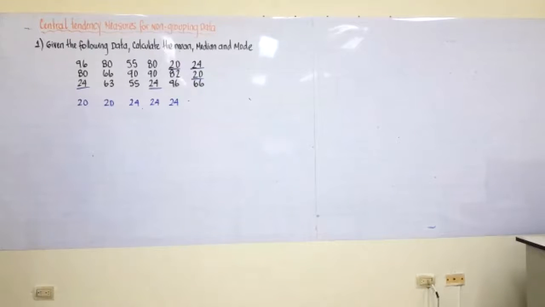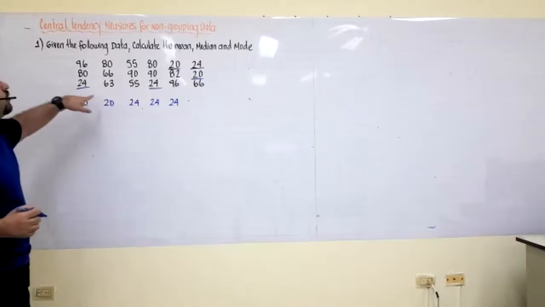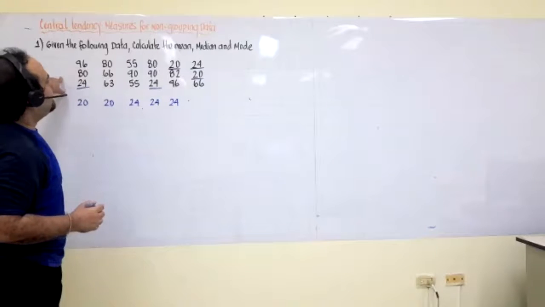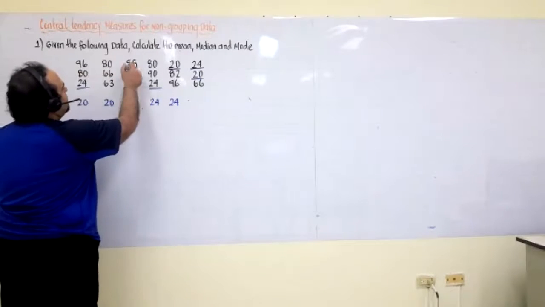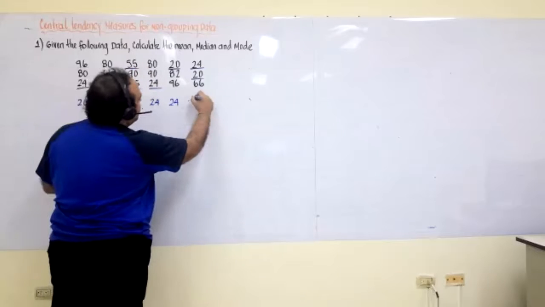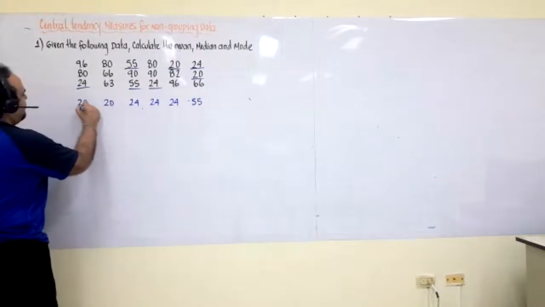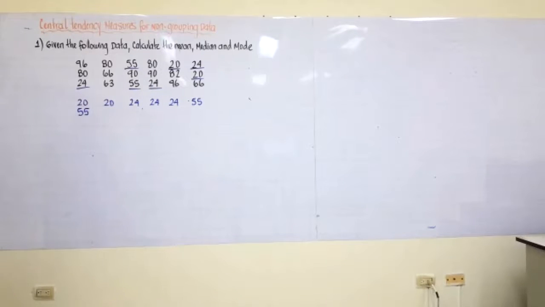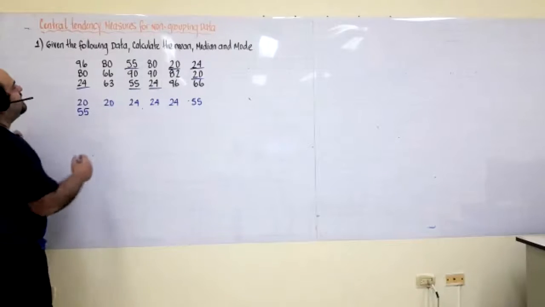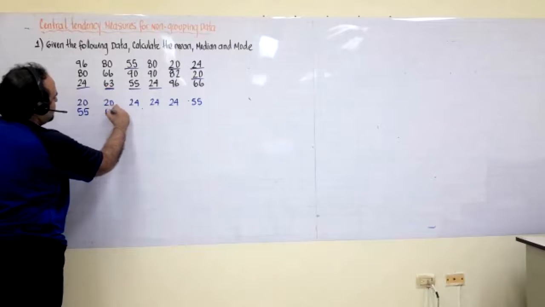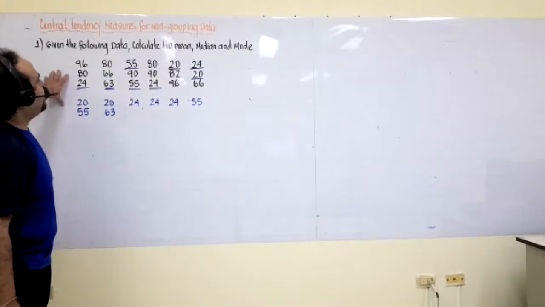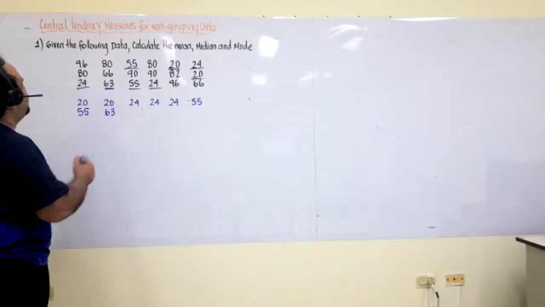After 24, that will be 55, twice: 55, 55. After 55, we got 63, 63. After 63, we got 66, twice, right?